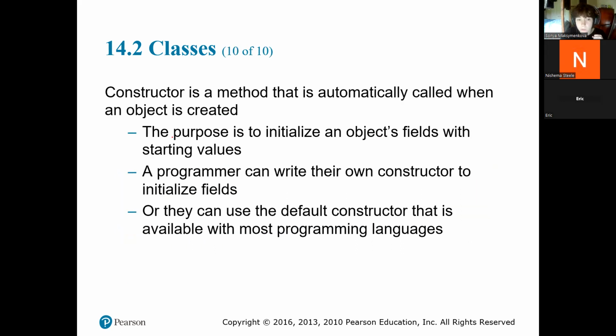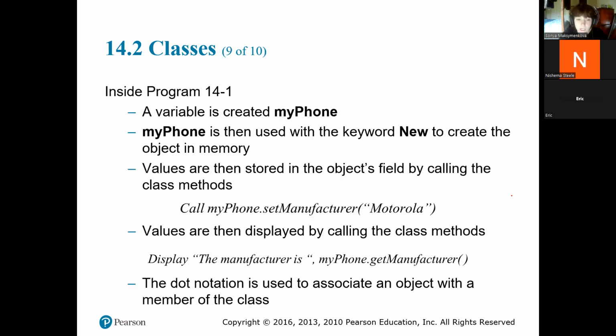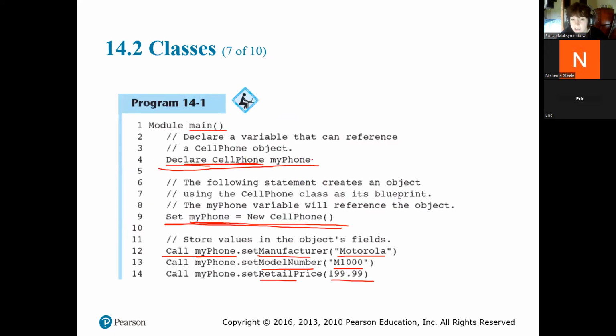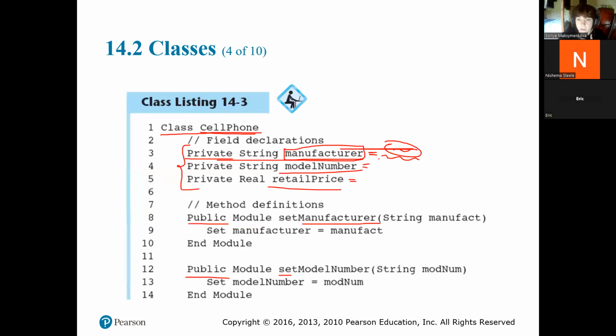So what a constructor does for you is create all of those object fields and initialize them with starting values. In our case, we did not assign any starting values. You can see here, manufacturer will be an empty string, model number will be an empty string, and retail price is going to be 0, just because we didn't assign any values to our variables.